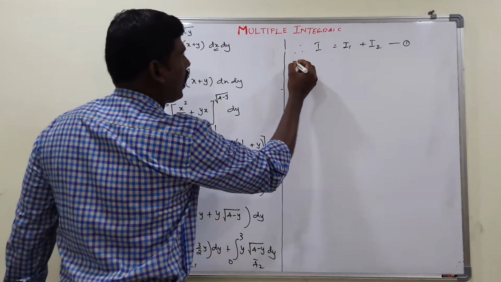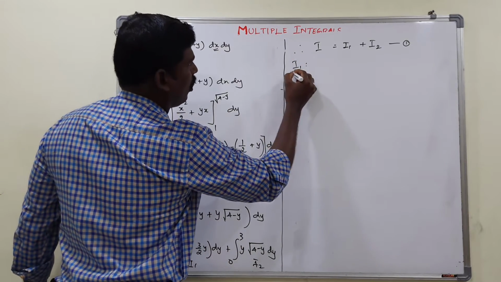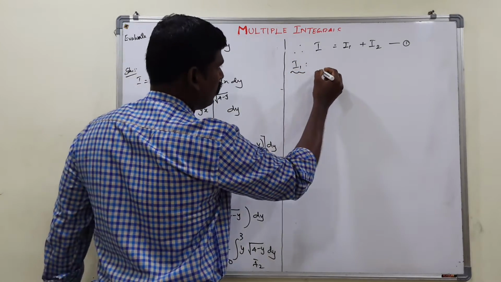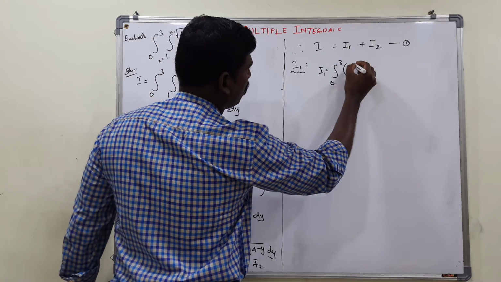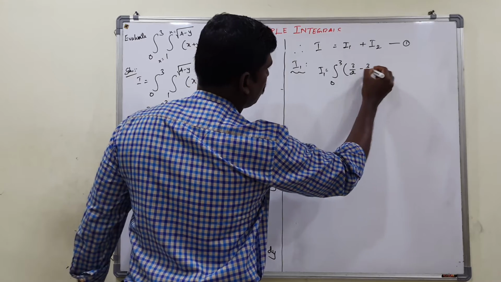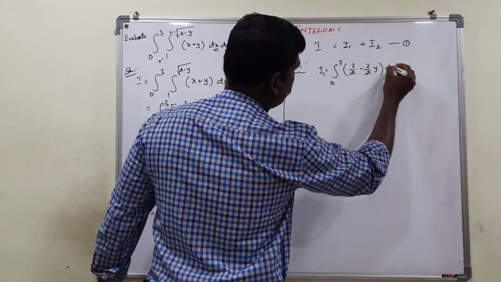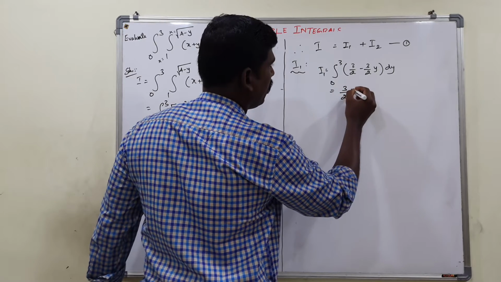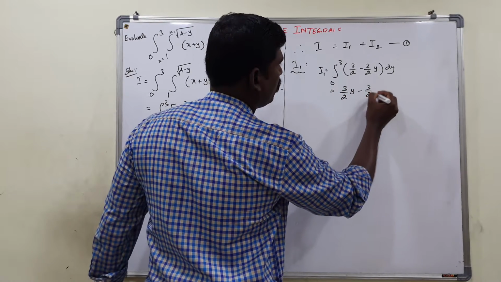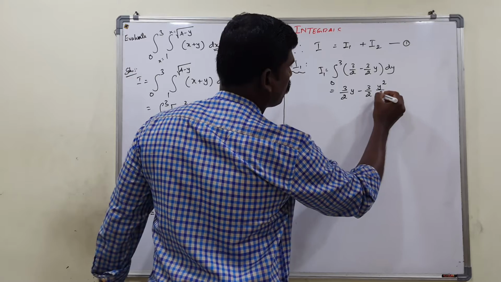Okay, so calculation of I1. What is I1? I1 equals integral 0 to 3, 3 by 2 minus 3 by 2 y into dy, isn't it? That can be 3 by 2 y minus 3 by 2 into y square by 2.